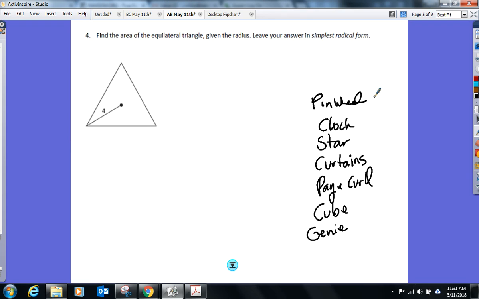Okay, ready? Genie? Cube. Page curl. Oh, we have cubes. Page curl. Curtains. Page curl next. Curtains. Star. Clock.